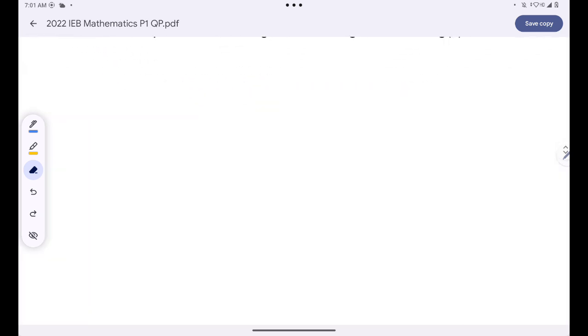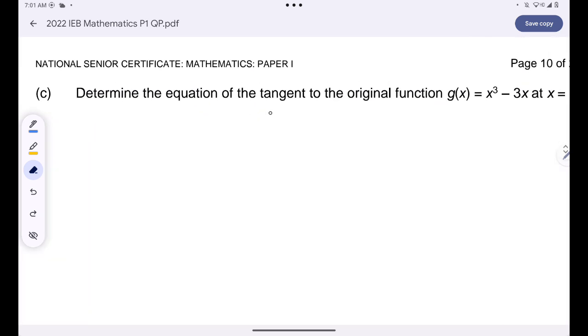If you have an x value, guys, an x value can tell you about two things. If you substitute your x value into the equation of g of x, it will give you the corresponding y value. But if you substitute your x value into the equation of g prime of x, it will give you the gradient of the tangent.